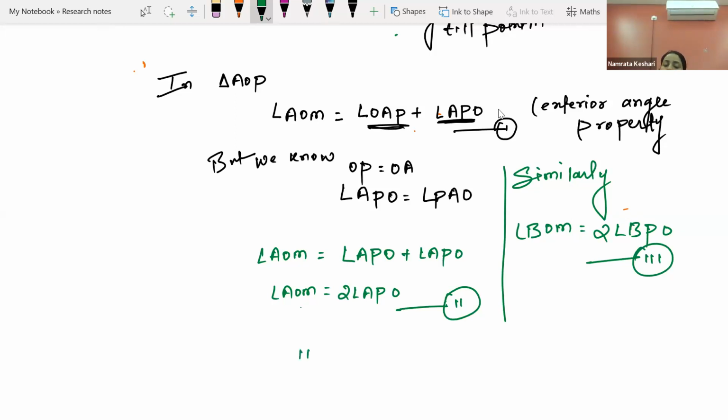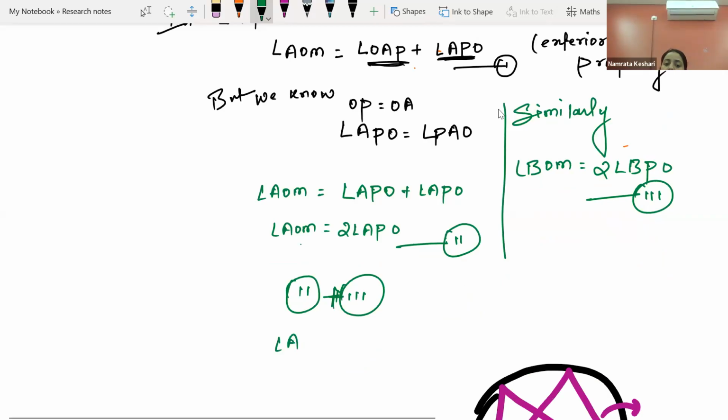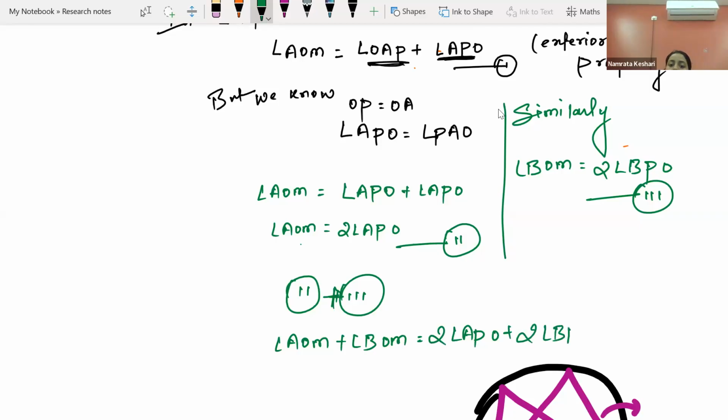Adding 2 and 3. When we add these two equations, we'll be getting AOM plus BOM equal to 2 times angle APO plus 2 times angle BPO. अगर हमने राइट साइड से 2 कॉमन ले लिया तो हमें क्या मिलेगा?